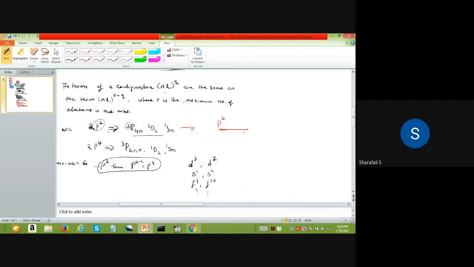So first we take the lowest one, which is nothing but 3P, because multiplicity is maximum for that. Now this 3P again splits into three different J values.